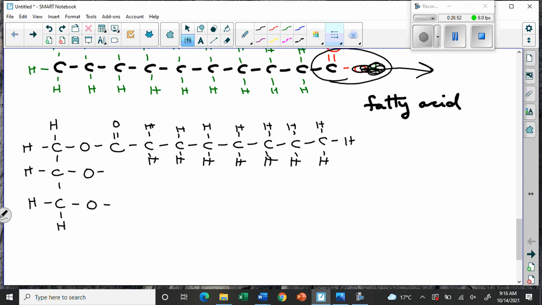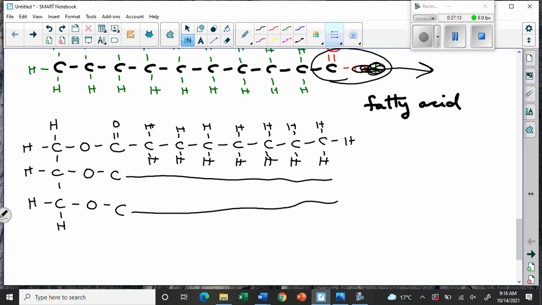And then what can happen is you can have one chain attached. This is called a monoglyceride. You can attach another chain right here and do the same thing again. I won't draw it, but you could have another chain of C's, maybe 30 or 40 of them with H's all around. That's a diglyceride. And then one more. You can get up to 3 because there's 3 joining spots here where the O's are.